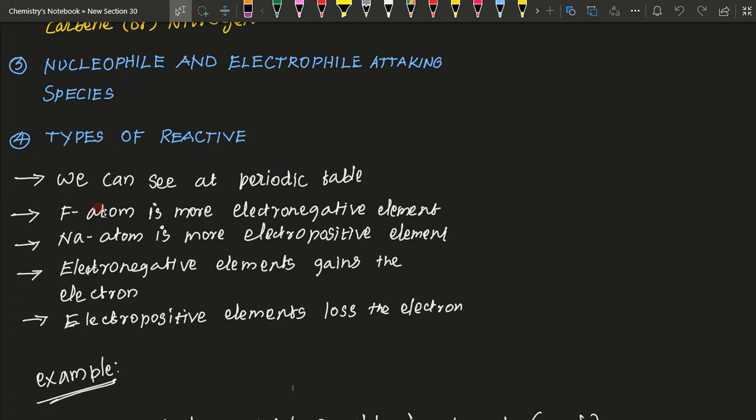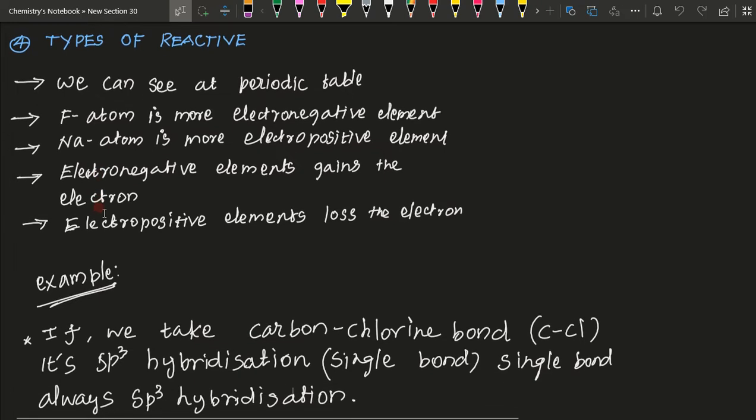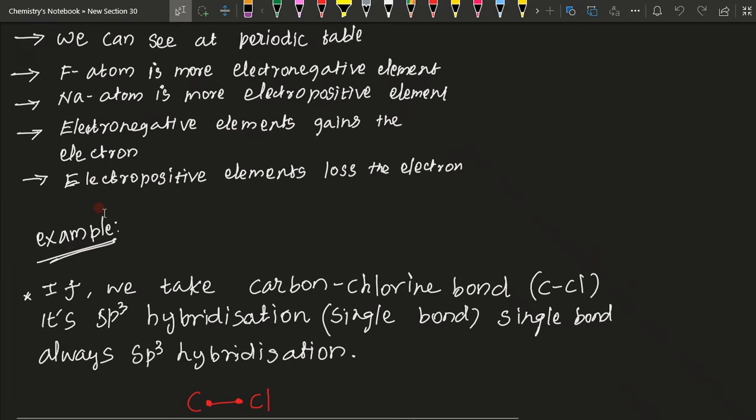The electronegative element gains the electron, the electropositive element loses the electron. For example, if we take carbon chlorine bond, it is sp3 hybridization. sp3 hybridization is always single bond.